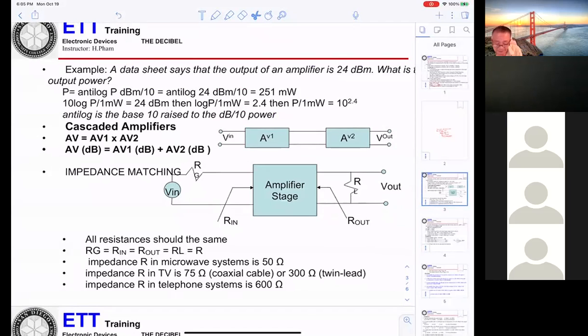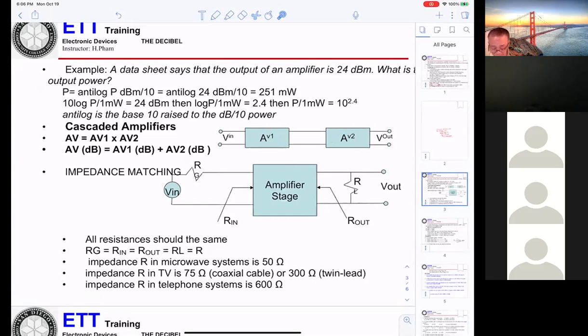Now, cascade amplifier. So basically, you have two amplifiers with voltage gain. The first one will be V1, the second one V2.